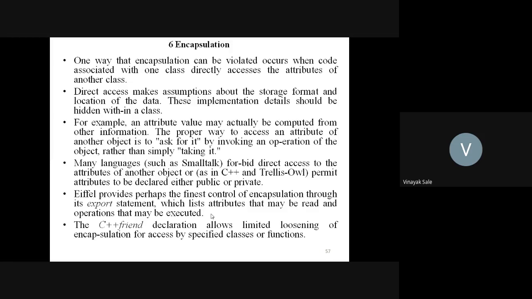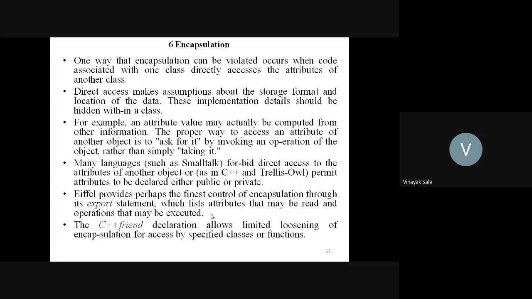Many languages, such as Smalltalk, forbid direct access to the attributes of another object, while C++ and others permit attributes to be declared either public or private. FL provides perhaps the finest control of encapsulation through its export statement, which lists attributes that may be read and operations that may be executed.